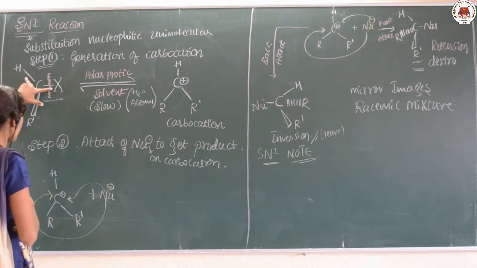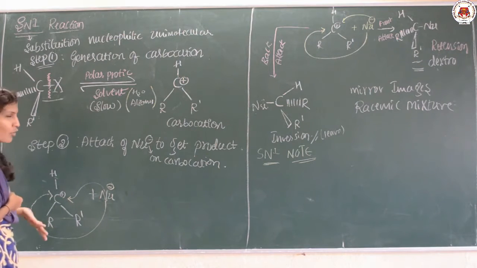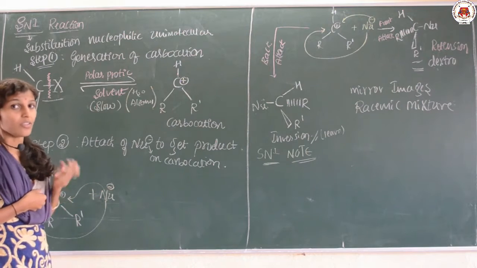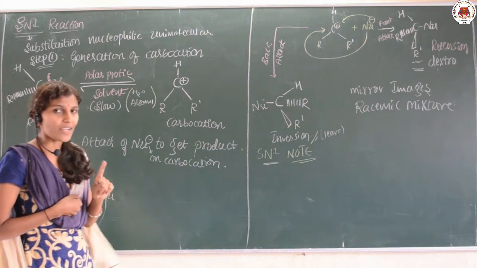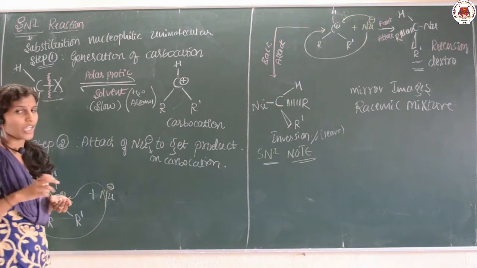These two are in the same plane while these two are out of the plane. This one is away from the observer, this one is nearer to the observer. The SN1 reaction takes place in two steps. The first step is the generation of the carbocation.